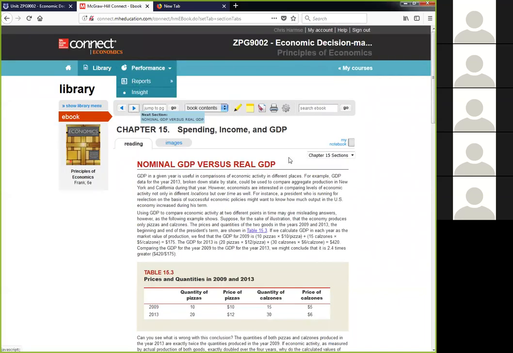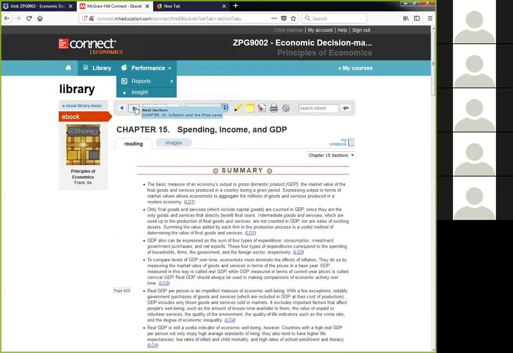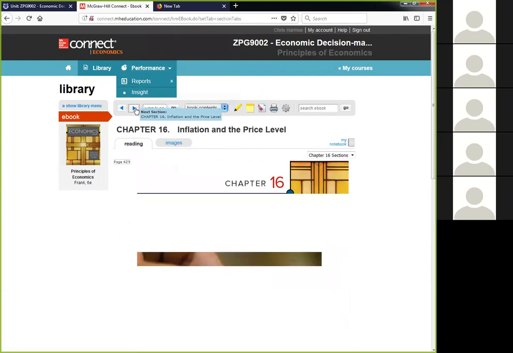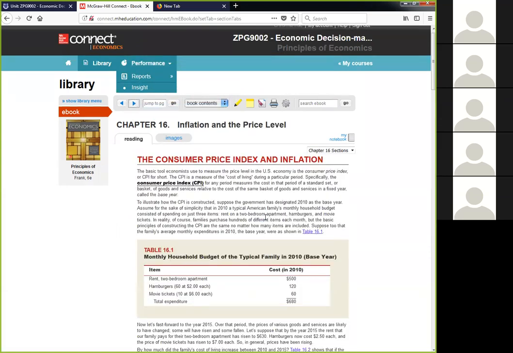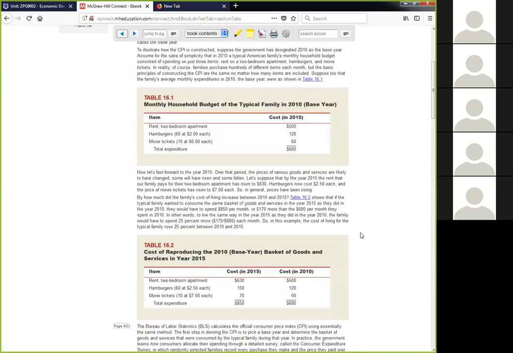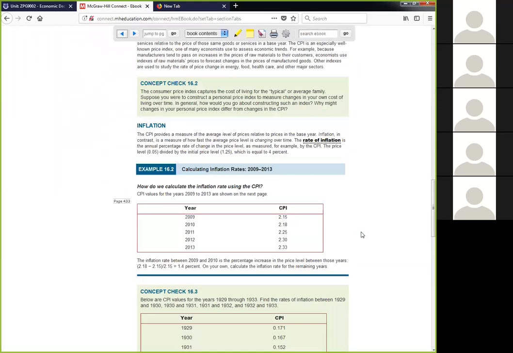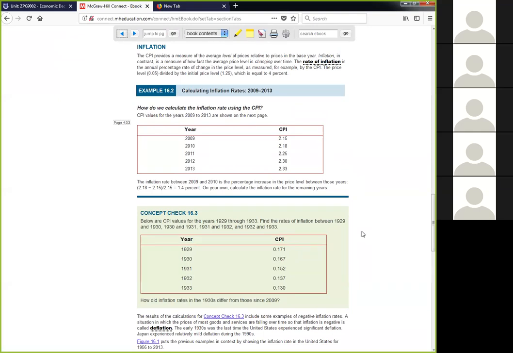There they show you the CPI and how to calculate the inflation rate, especially on page 433, example 16.2. So what you do, you take the index and you calculate the change in the index, and that is the inflation rate, for that specific year.